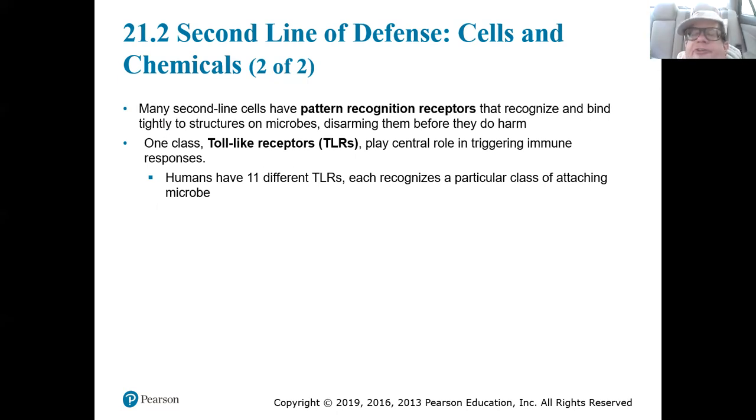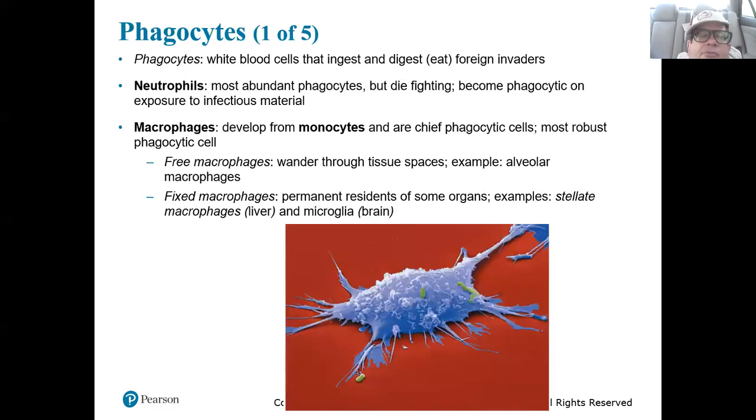Antigens on the surface of a cell are molecules that are used for recognition. Does this belong or does it not? But they also are handles that the second line defense cells can grab onto. Anyway, one class of these would be the toll-like receptors that can trigger immune responses. We have 11 different ones.